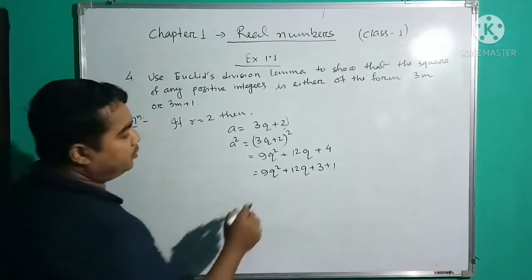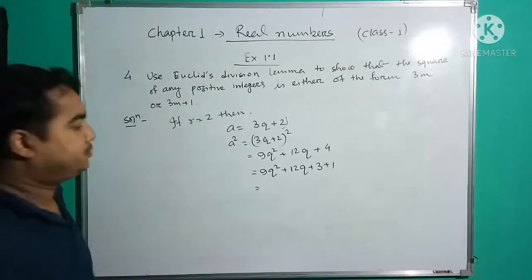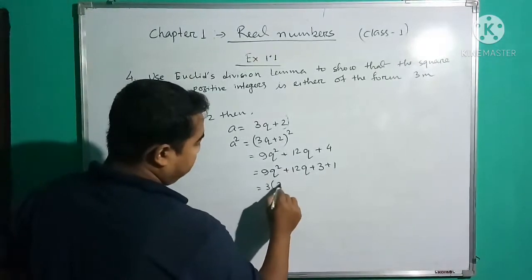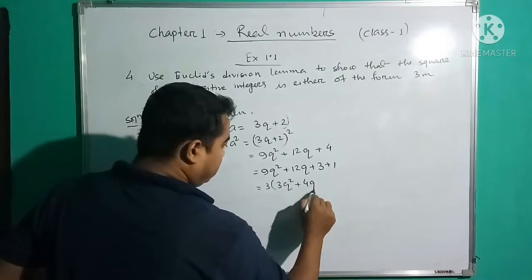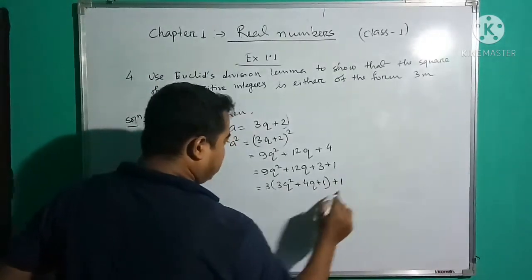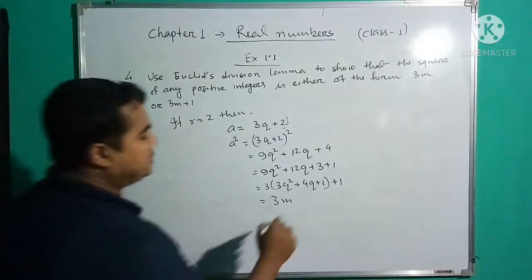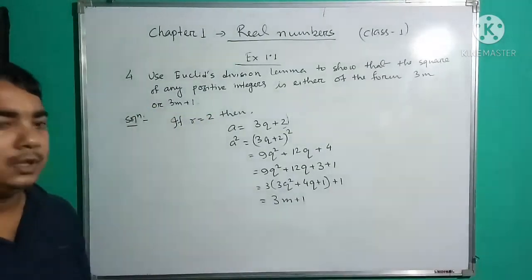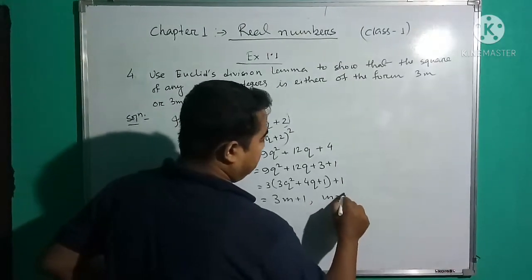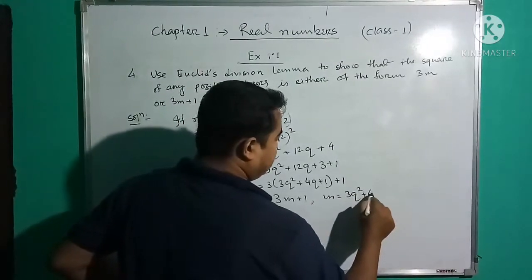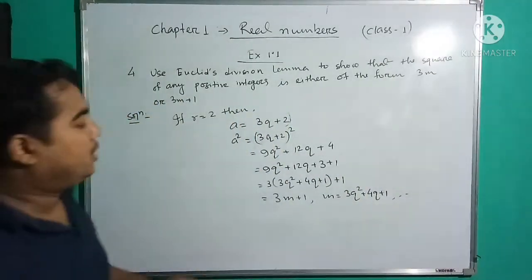Now from the first three terms, take 3 common. Then 3 times (3q square plus 4q plus 1), and outside 1. So the bracket part is m, plus 1, where m equals 3q square plus 4q plus 1, any integer. Okay, now we got the answers.